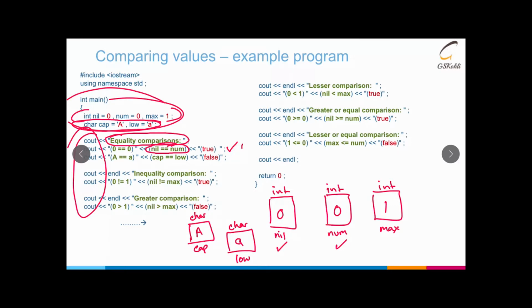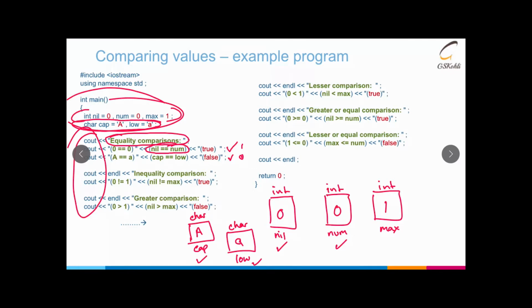Next one looks at cap and low, the lowercase and uppercase letters. In this case, they're not considered the same, because as we discussed earlier, within the ASCII table we have two different ASCII binary representations of these two characters. Hence we have a 0 as an answer.